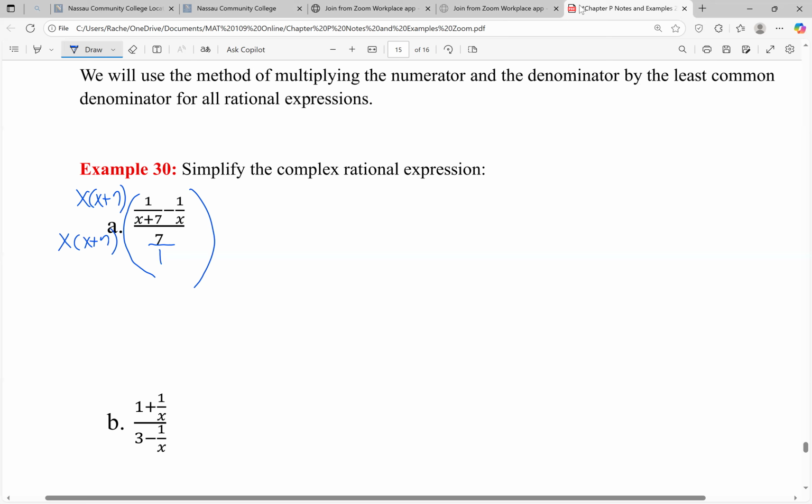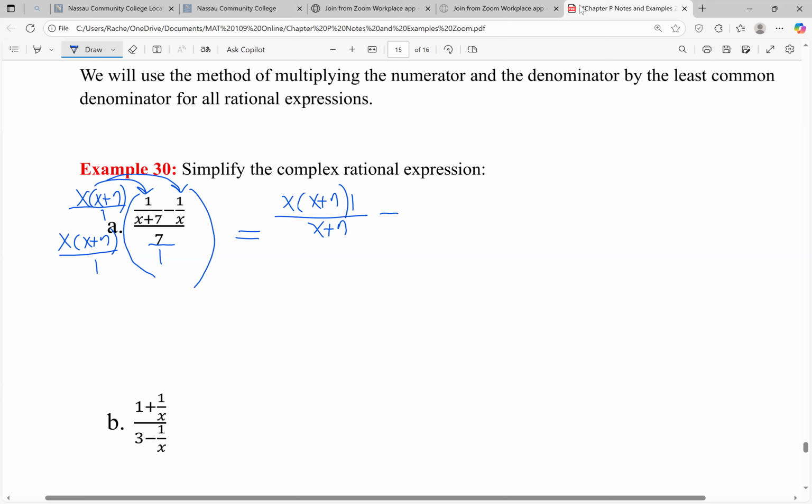And if it helps you to multiply, put it over 1. So we're going to multiply numerators, right? That's how we multiply fractions. Multiply across the numerators, multiply across the denominators. So I'm going to have x times x plus 7 times 1 over just 1 times x plus 7, so x plus 7.